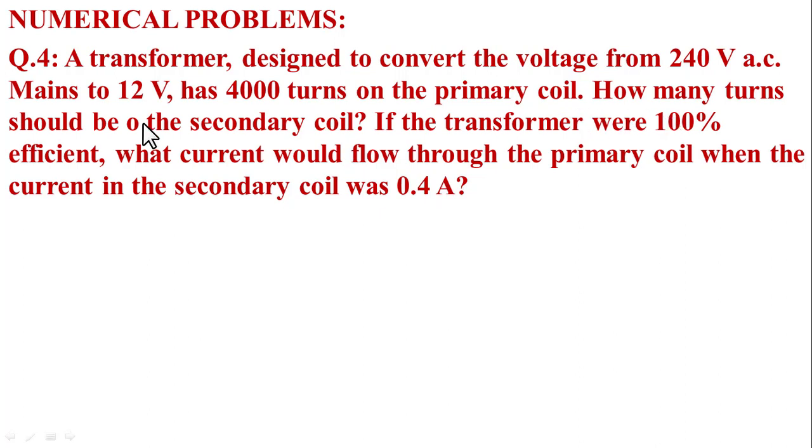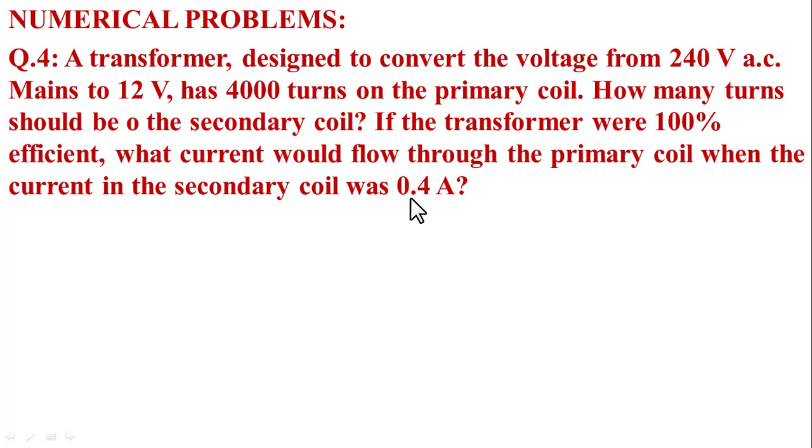How many turns should the secondary coil have? If the transformer were 100% efficient, what current would flow through the primary coil when the current in the secondary coil is 0.4 ampere?